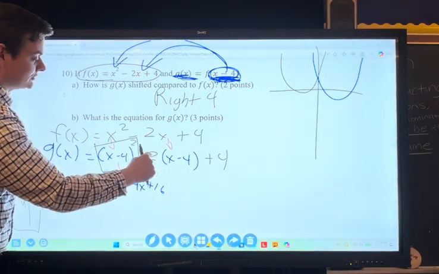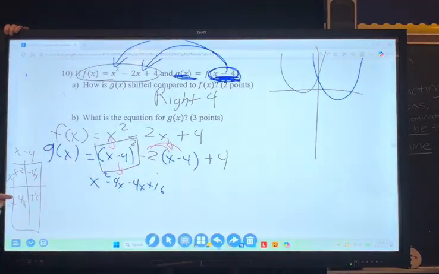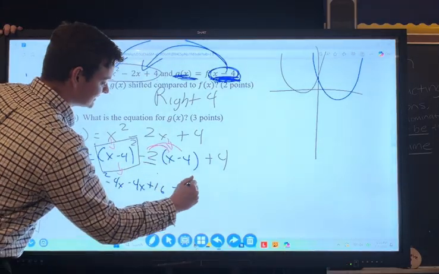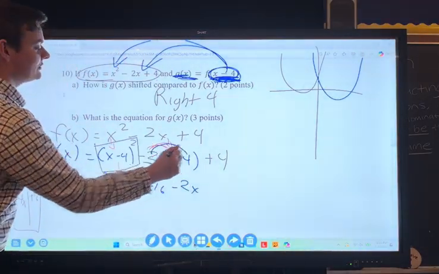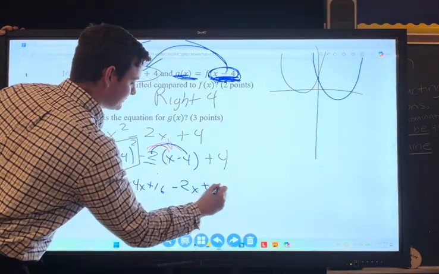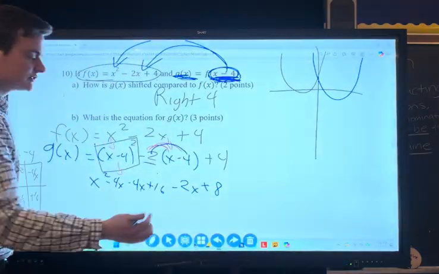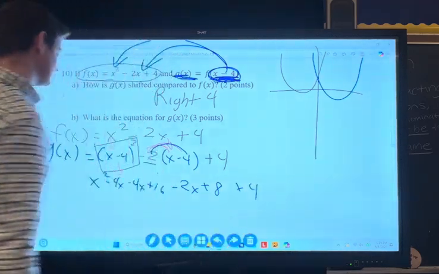This, I have to distribute, because it's a number in front of the parentheses. So this -2 times x, that's -2x. -2 times -4, that's plus 8. And actually this plus 4 didn't have any x, so I didn't touch it, but it still comes down.